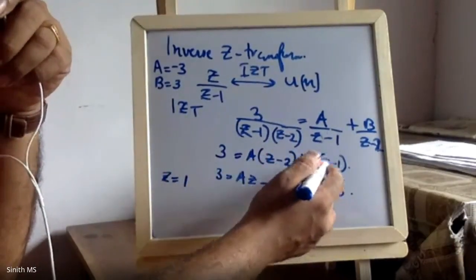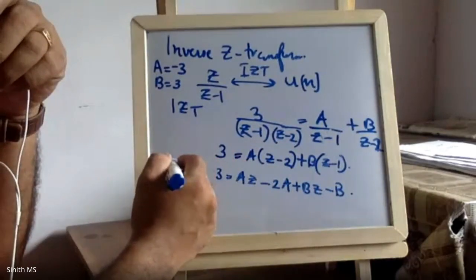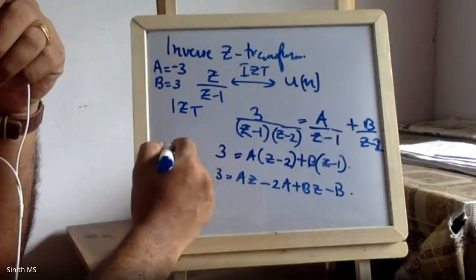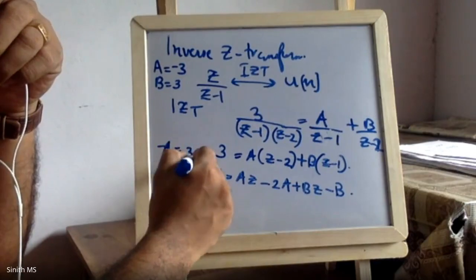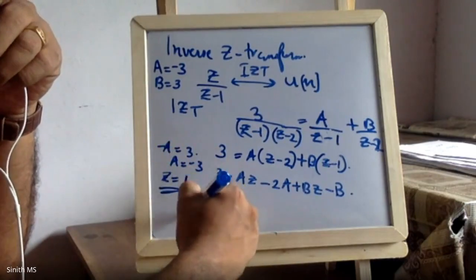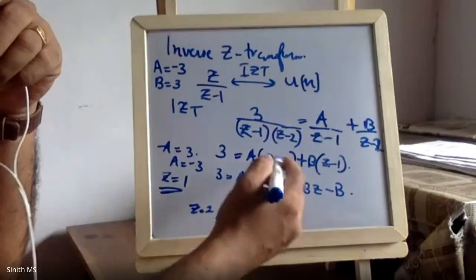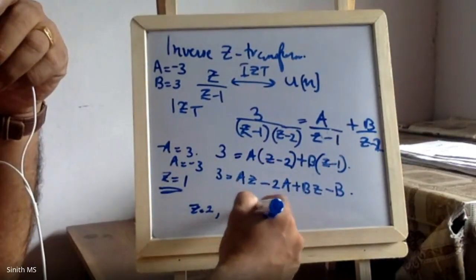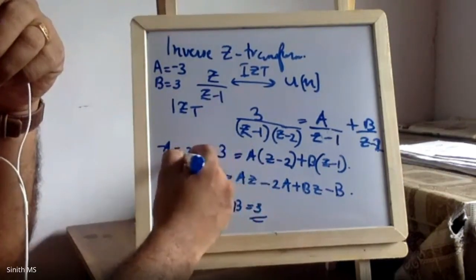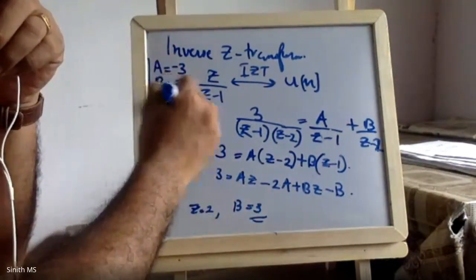If you put z equal to 1, this term disappears. Then you get minus a equal to 3, or a equal to minus 3. Similarly, put z equal to 2, then this disappears and you get b equal to 3. So a is minus 3 and b is 3.